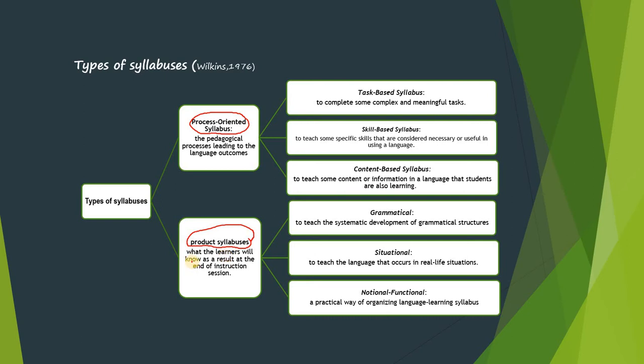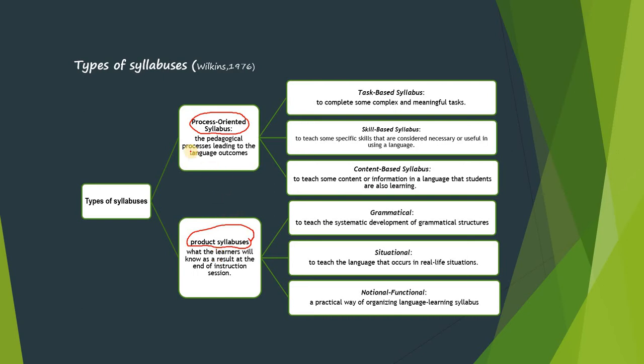The process-oriented is a syllabus which focuses much more on the pedagogical processes leading to the language outcome, while the product syllabus focuses on what the learners will know as a result at the end of the instruction session.